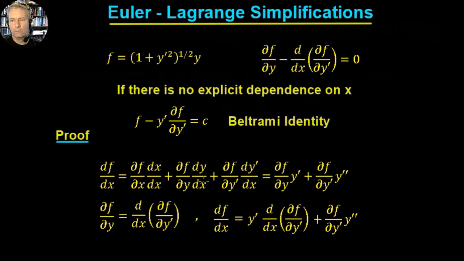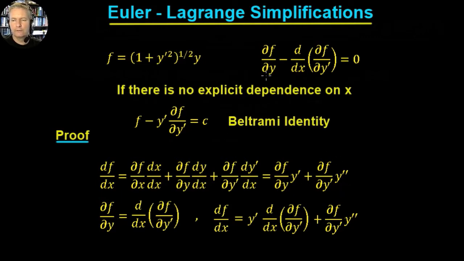Now the first term, partial f by partial x, is 0 because we've just said that there's no dependence of the function on x, so that's just 0. In this case we've got a y derivative for this term and we've got y double derivative, so that whole thing can be written in this form here.